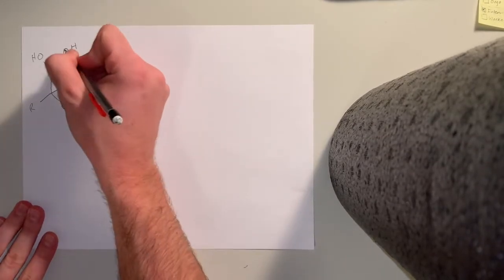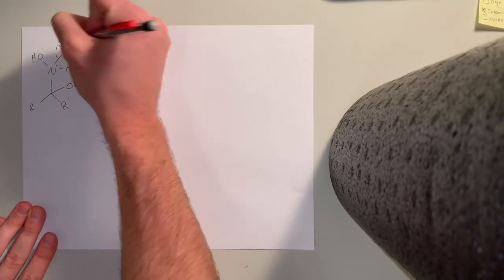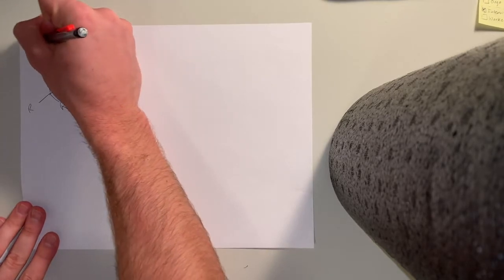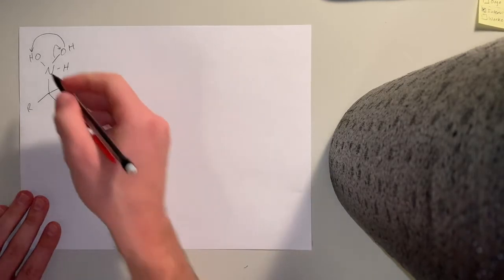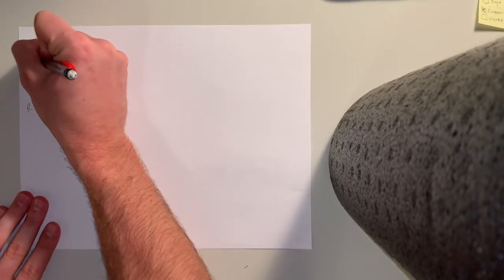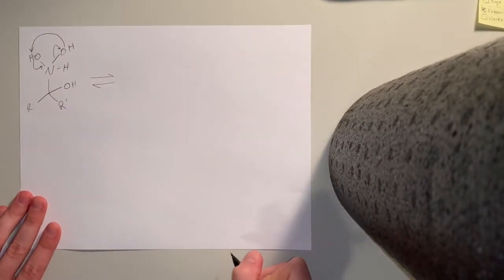The mechanism for that is this OH is going to leave right here, but it's also going to grab this hydrogen, which is kind of interesting and something that we haven't really seen.